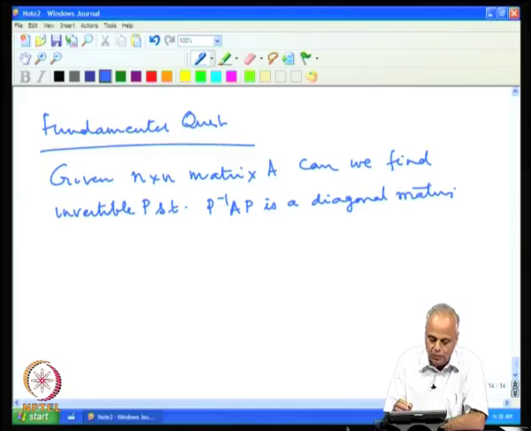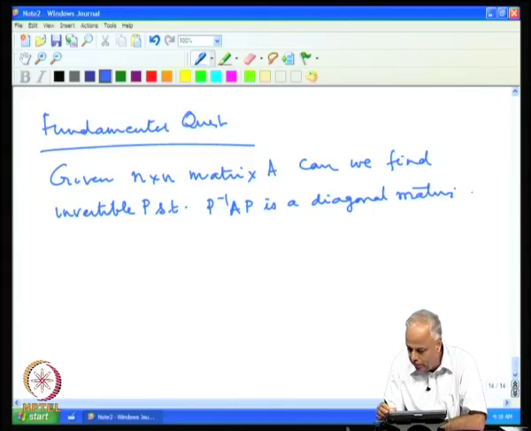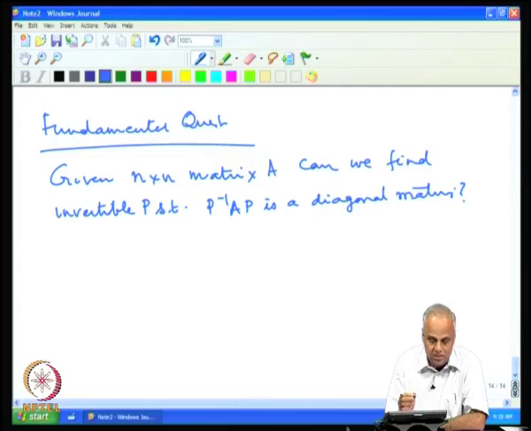The answer to this question is very complex, and this leads to a lot of very interesting canonical forms of matrices, and we shall be discussing several of them.